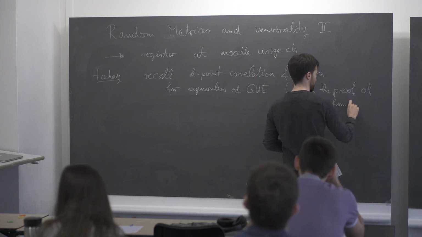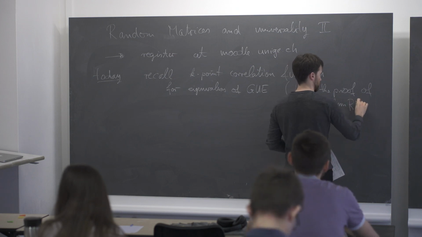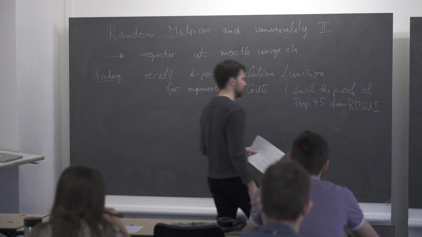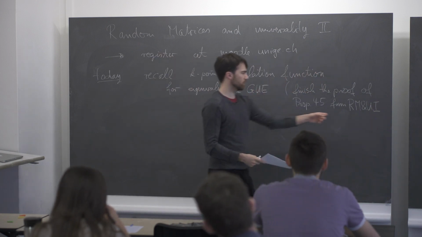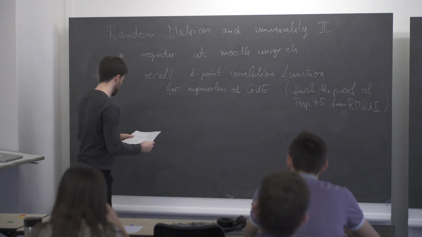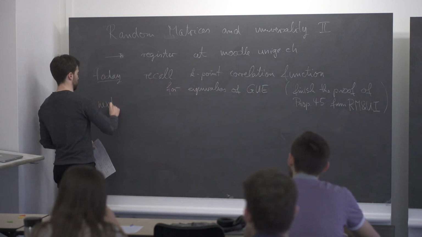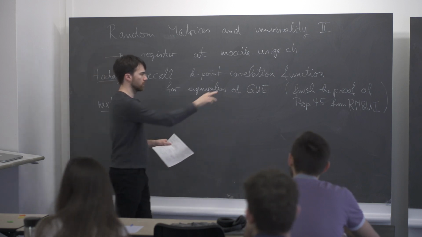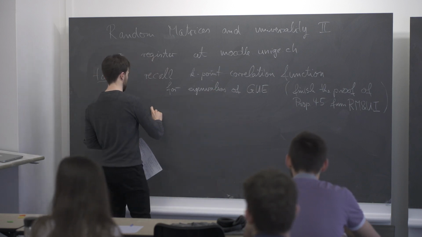And now I will always use a shorthand if I refer to something from last semester, maybe something like this: Random Matrices and Universality, the first part. And then next week we'll talk about what universality really means.